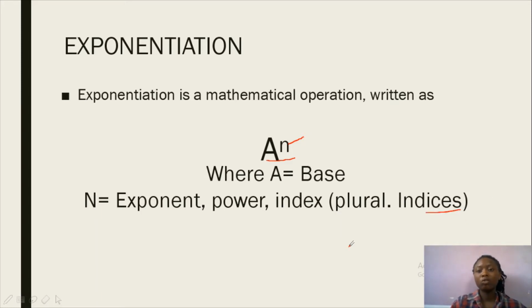At the beginning of this lesson, I talked about indices and exponents. So we either call it an index or an exponent or a power. That's why we pronounce this as a raised to the power n, or a exponent n, or a index n, whichever one.